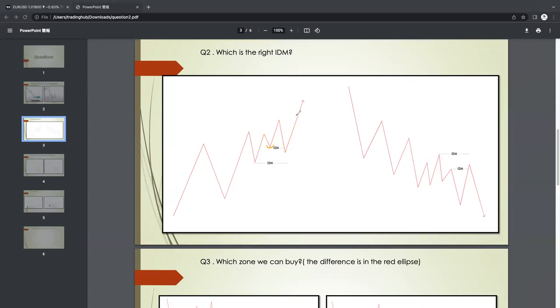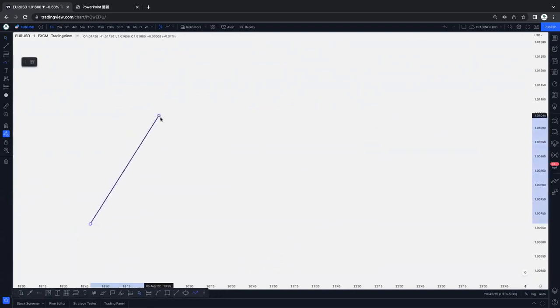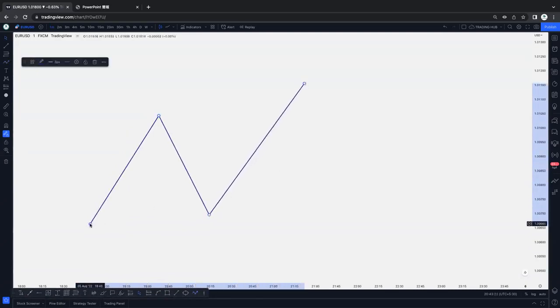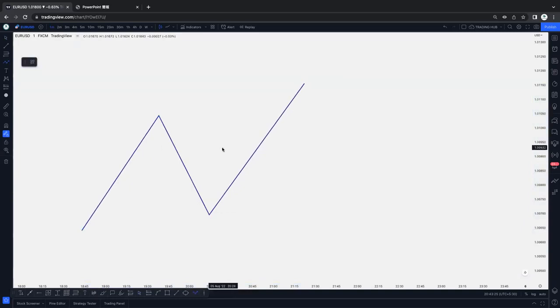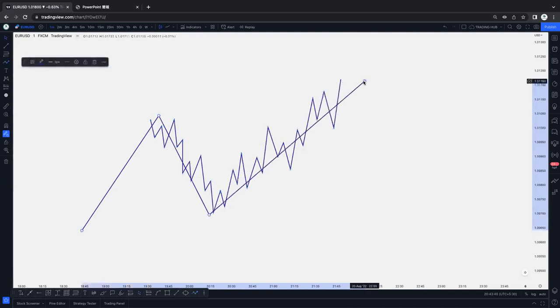And now let me show you a quick example here, then you can understand clearly. For example, this one is your bullish structure. In this bullish structure, what happened here, in a lower time frame the structure moves something like this, correct.